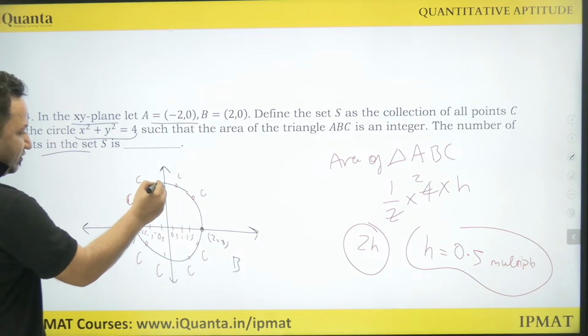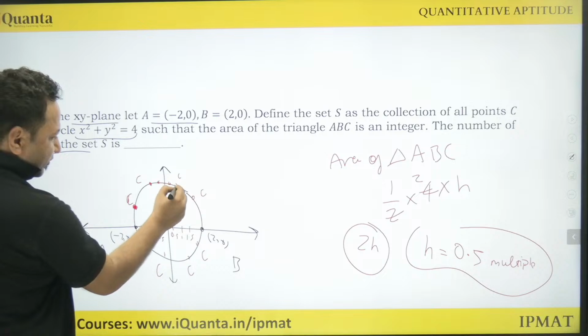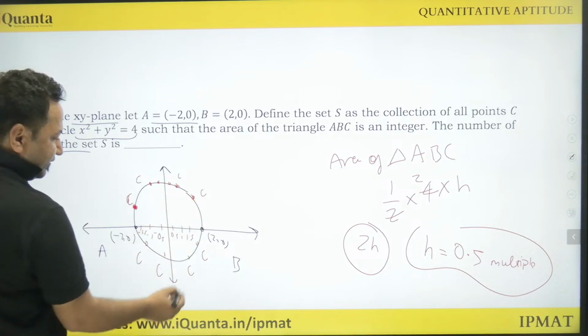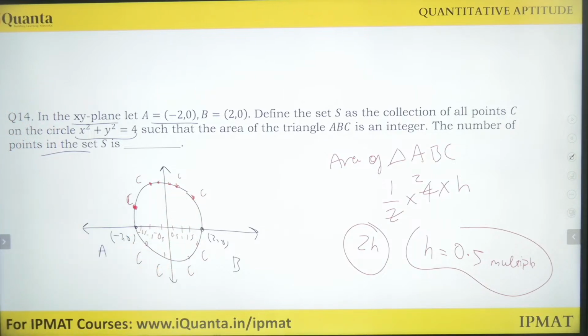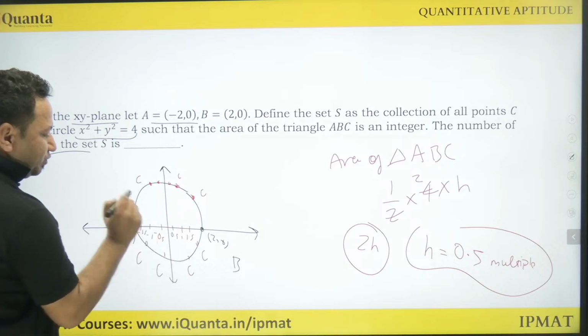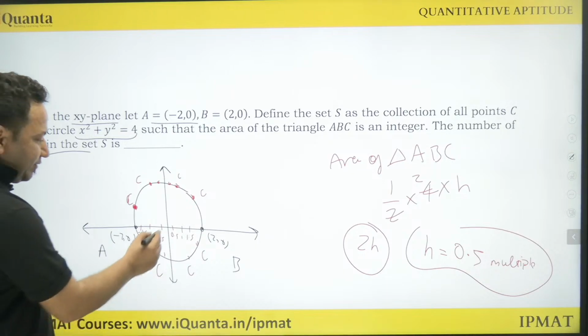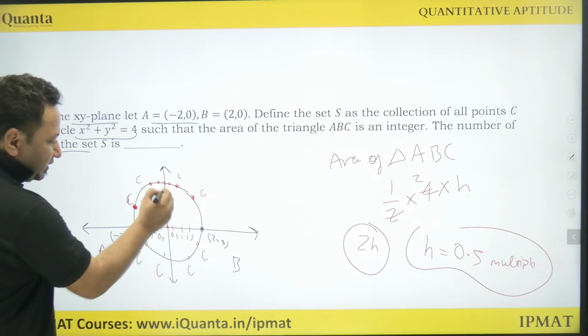This is 1, this will be -0.5. All right, 0.5, 1, 1.5, and so on the negative side. So for every point 0.5 we have 1 and 2. We have 2 points. For -0.5 we have 2 points again. And for 0 we have 2 points again.